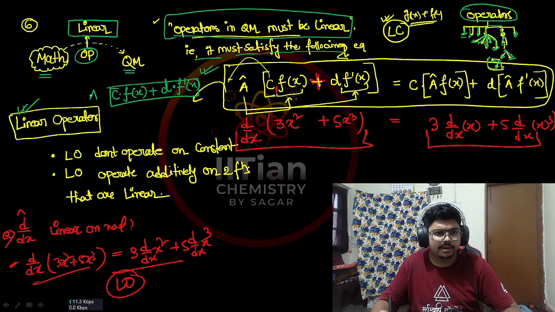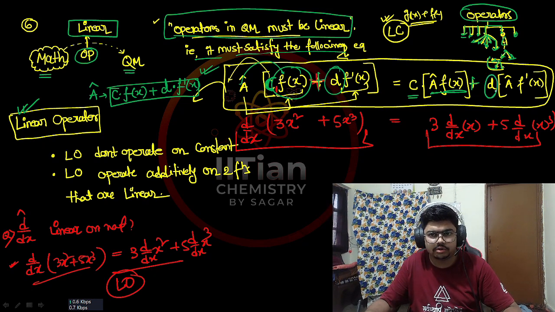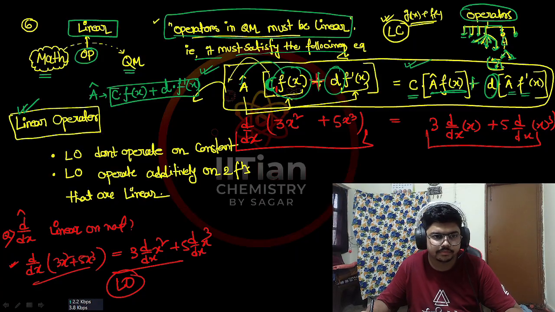If I operate my operator on this and it keeps the constant c outside and operates directly on f of x, similarly plus d, a constant, it does not operate on the constant, so it keeps it outside and operates directly on the function. If my operator does this, then I will call my operator a linear operator.